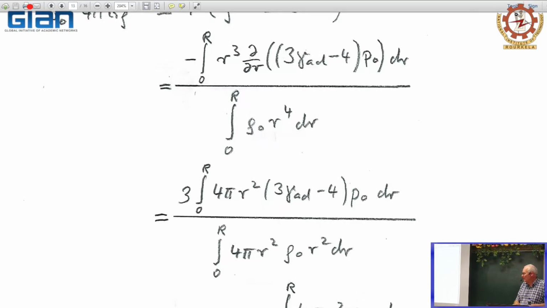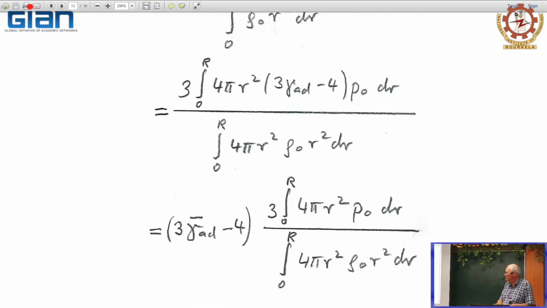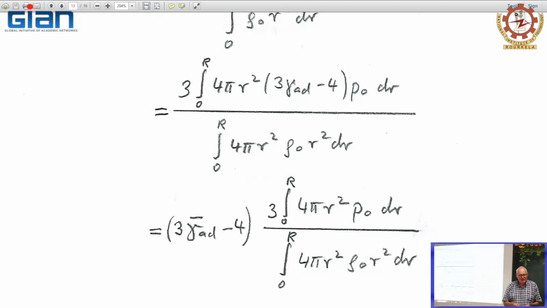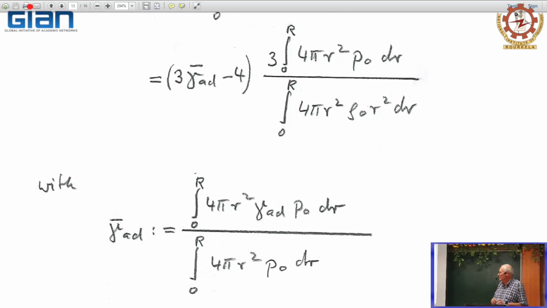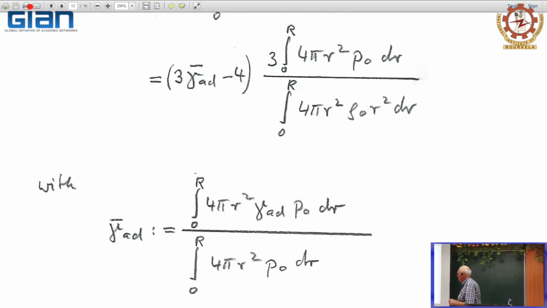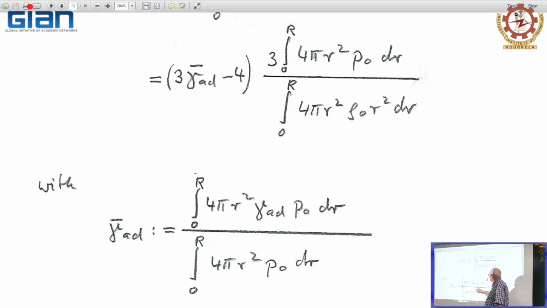Now we rewrite this in a slightly different way. We define a mean of the adiabatic index by the following integral. The mean of the adiabatic index is defined as the volumetric mean of the adiabatic index with a weight function. The weight function is the pressure.